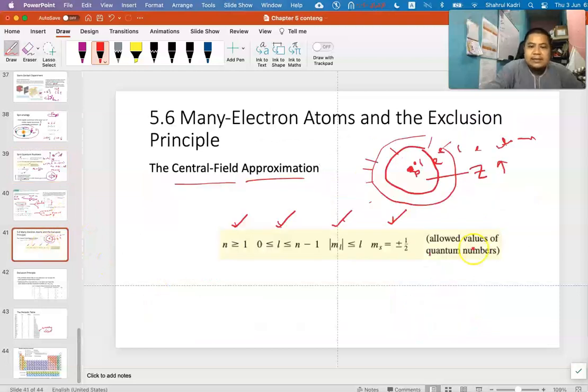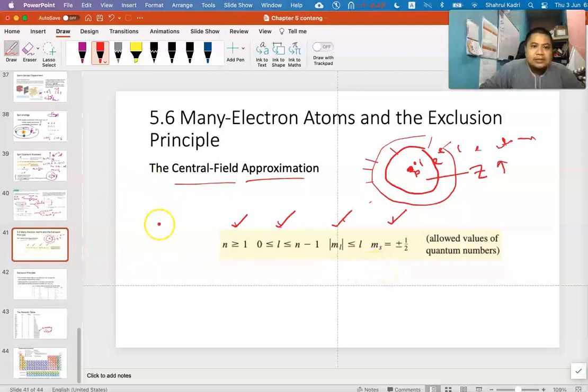This is the result from the calculations using the Schrodinger equation for an atom that has more electrons. We have to follow this to understand the distribution of the electrons in the atoms.